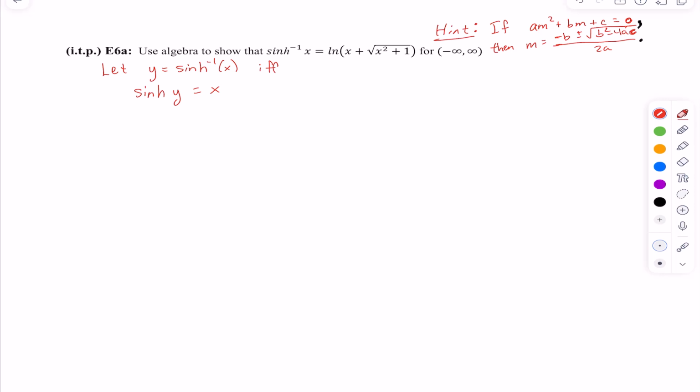Now we're going to substitute using the definition. And at this point, the equation is set equal to 0, and we're going to multiply both sides by e to the y.